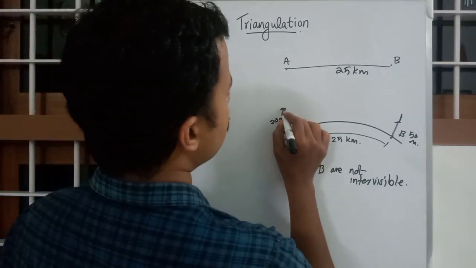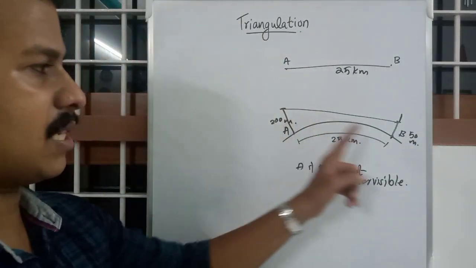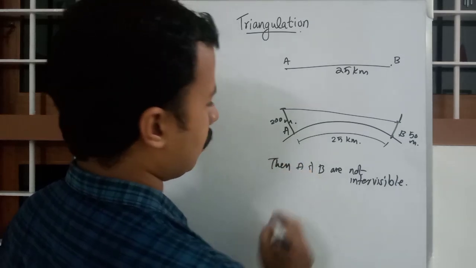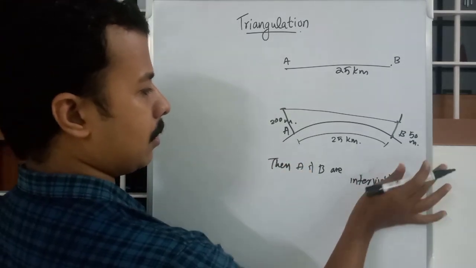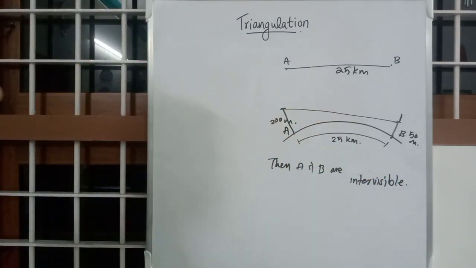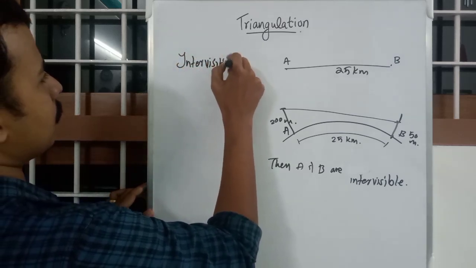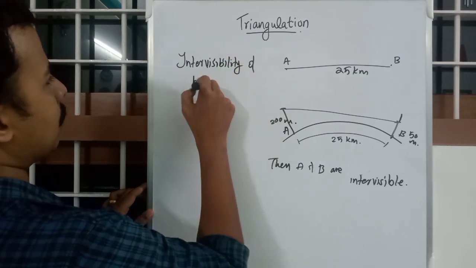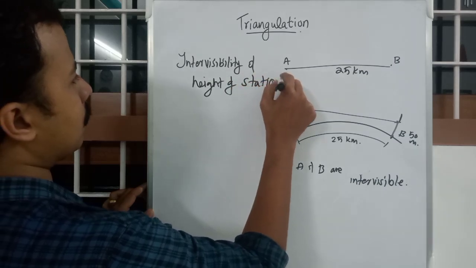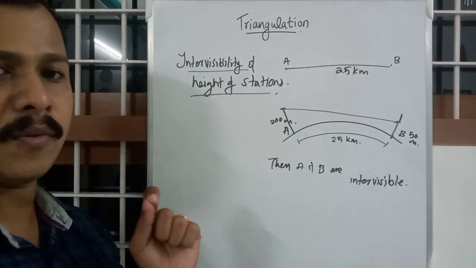Then if you join this line, you will get to see the station B. Then only A and B are intervisible. So this is the key concept of the topic, intervisibility and height of stations.